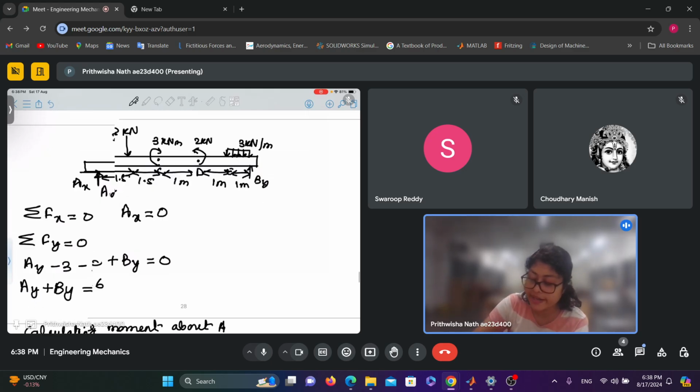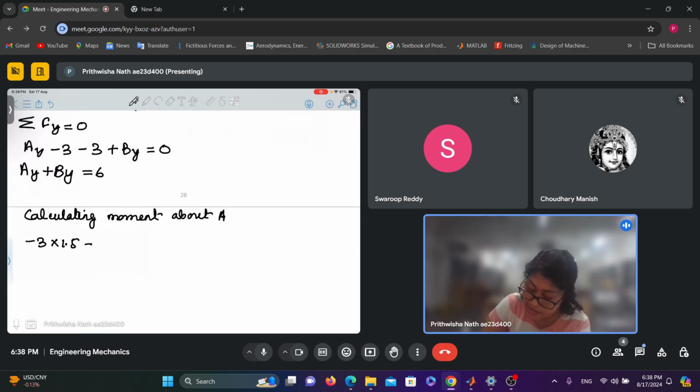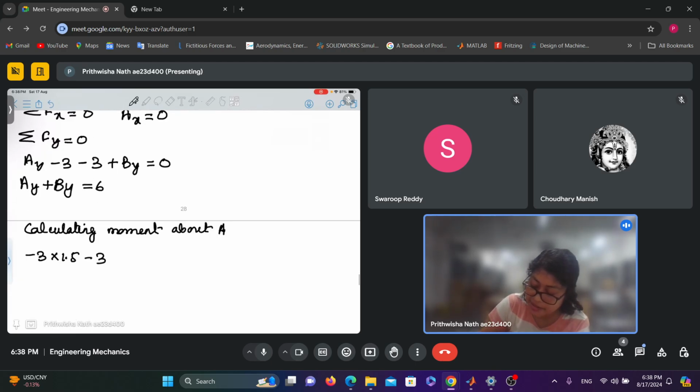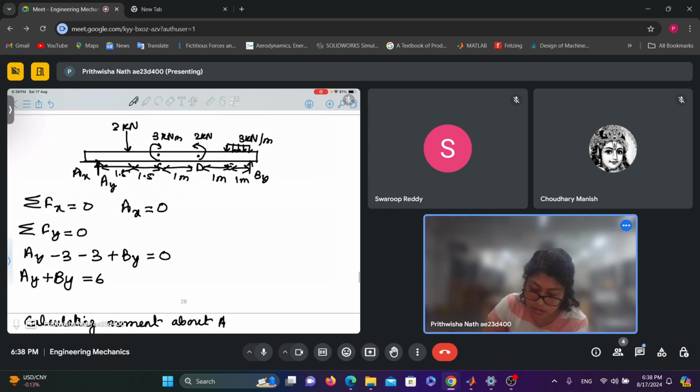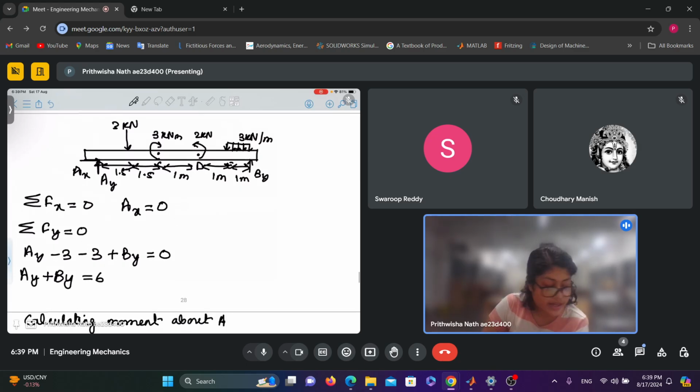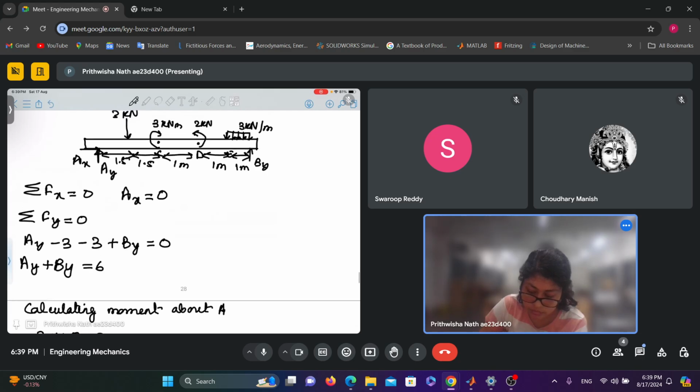There is a clockwise movement at point C. So minus 3. At D it is an anti-clockwise movement. So plus 2. And this uniformly distributed load is causing a clockwise movement. So the total distance from A is 5.5, right? Can you tell me what is the distance from the point A for the uniformly distributed load?